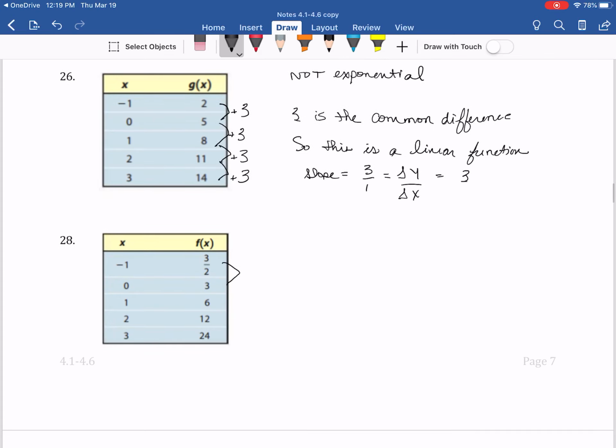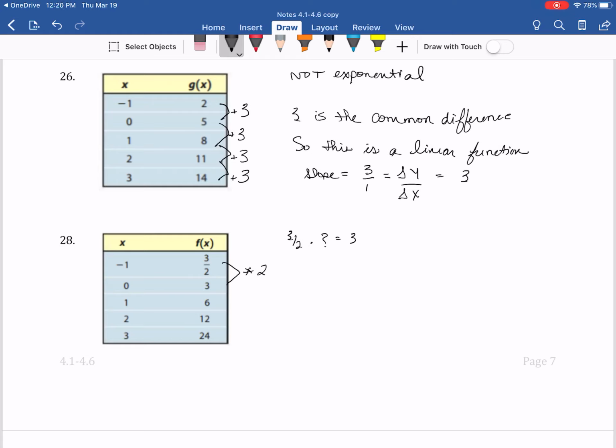In this example, it's not going to be adding or subtracting a common amount, but instead multiplying. So how would you go from 3 halves to 3? What value would you multiply 3 halves by to get 3? You might play with the numbers a little bit and find out that the common factor is going to be 2.